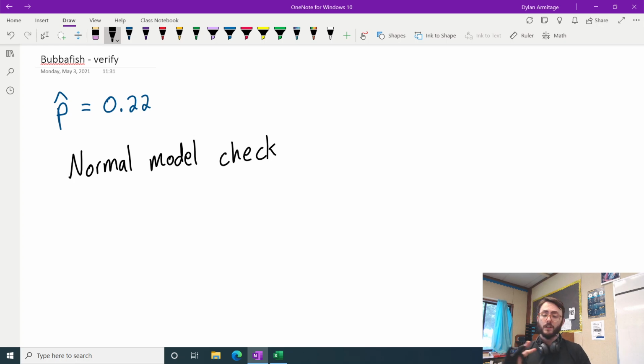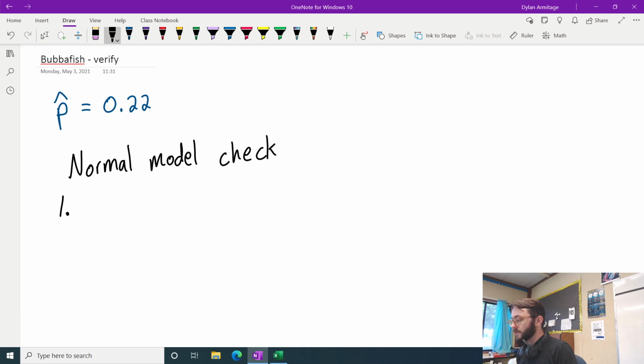Because if not, creating a confidence interval is not as easy as this. So first thing, it's the same checks that we do for when we had the binomial model and probability and wanted to use the normal model to approximate it.